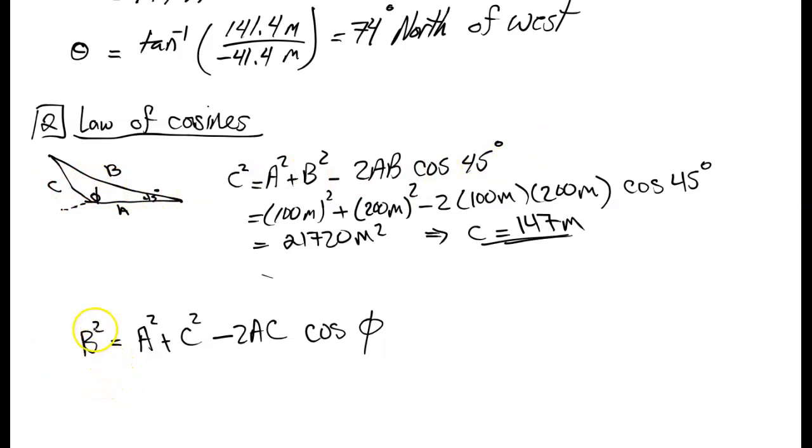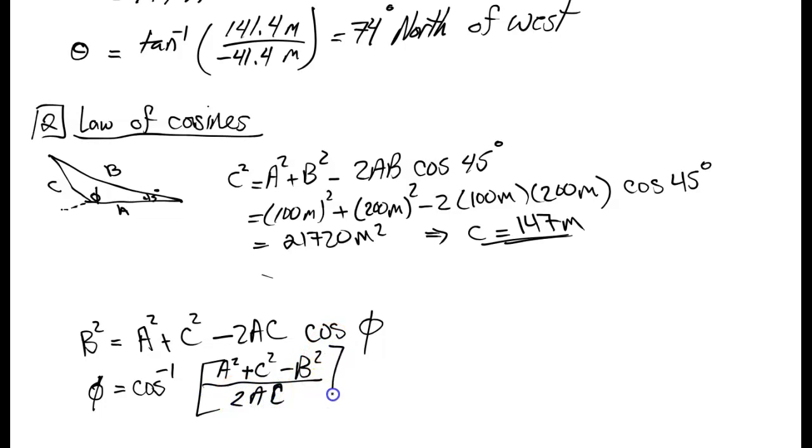And if I plug in all the numbers that I know, I can solve for phi as the cosine inverse of a squared plus c squared minus b squared all over 2ac.